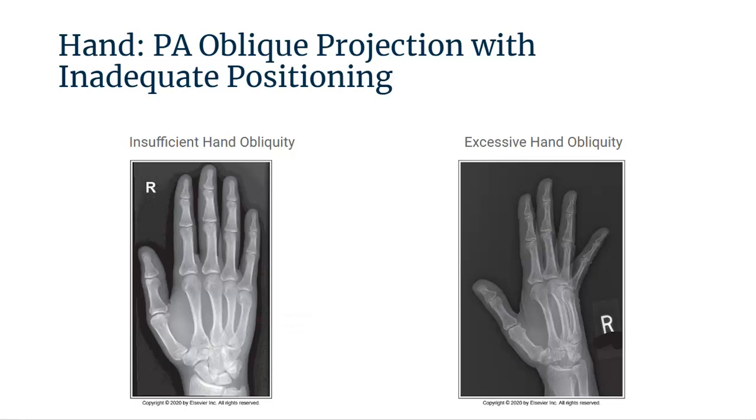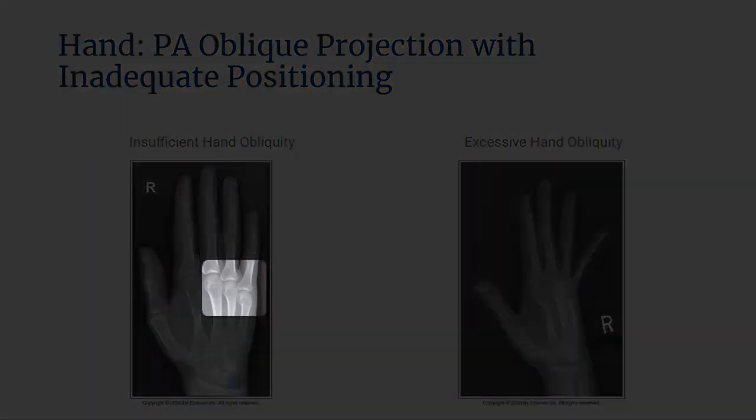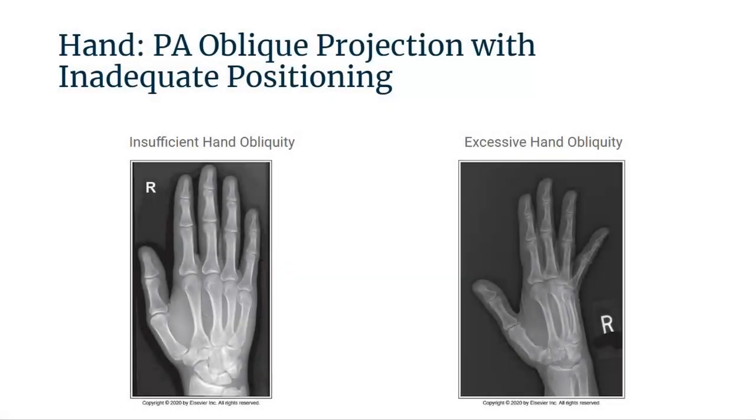Specifically, the midshafts of the metacarpals appear more evenly spaced, and there's little to no superimposition of the metacarpal heads. This lack of obliquity compromises your diagnostic quality.